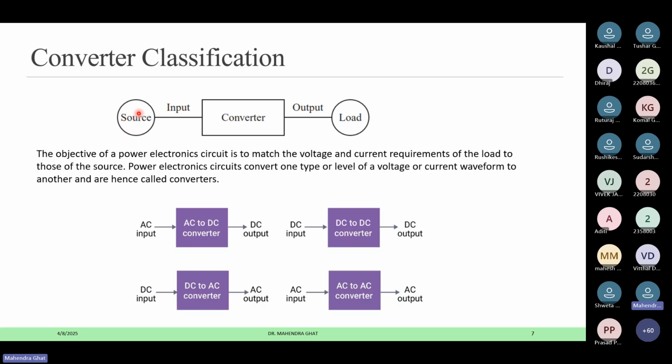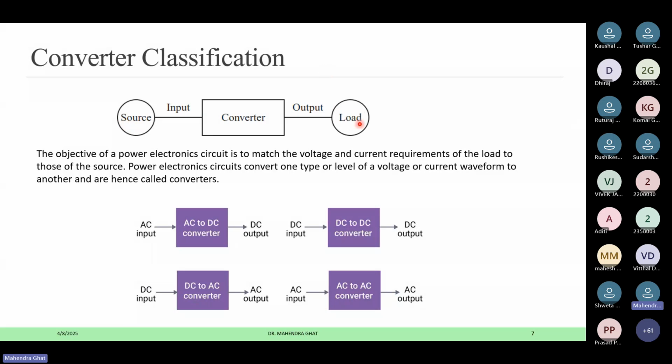One example of a DC source is photovoltaics, the solar array, which gives a DC output. And for AC, we have alternators, which generate AC output. So we have sources which are either AC or DC.